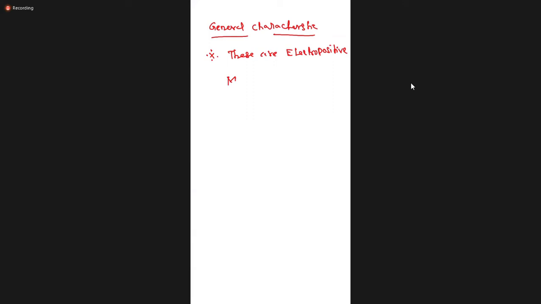The alkali metals, which I denote AM, have a tendency to lose electrons. Alkali metals lose electrons and become metal ions. Is it correct?